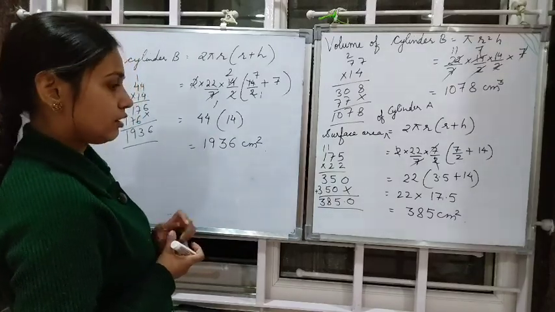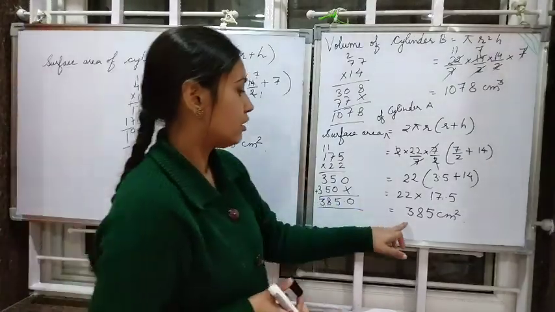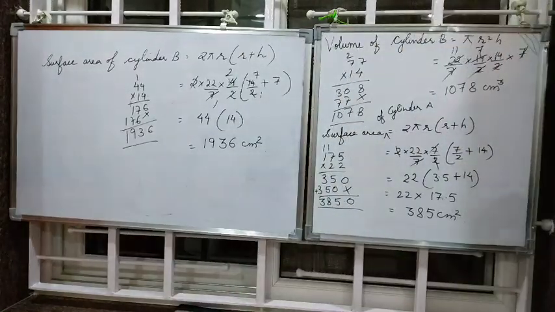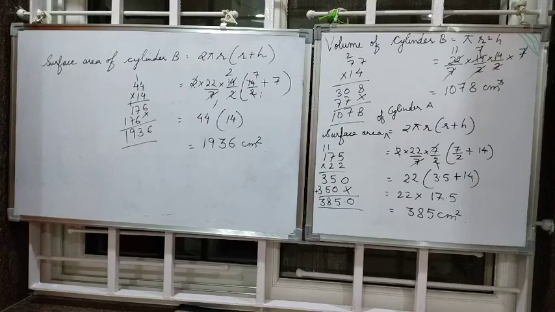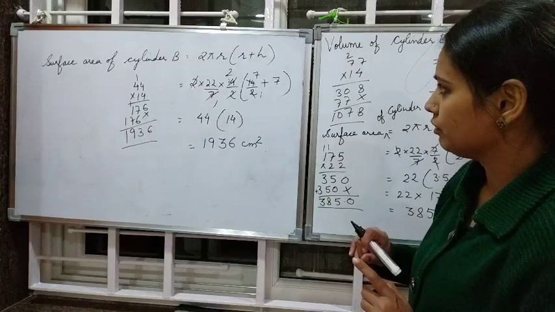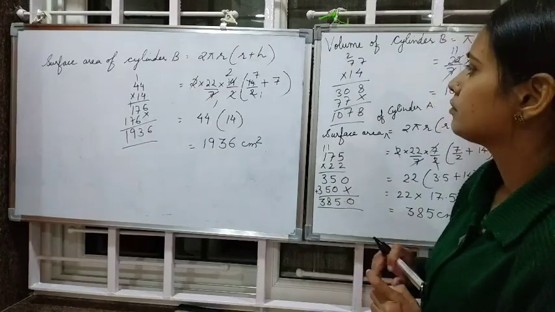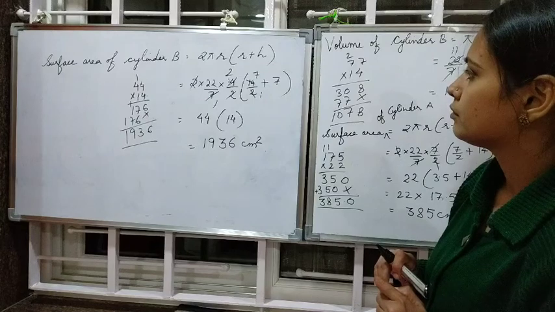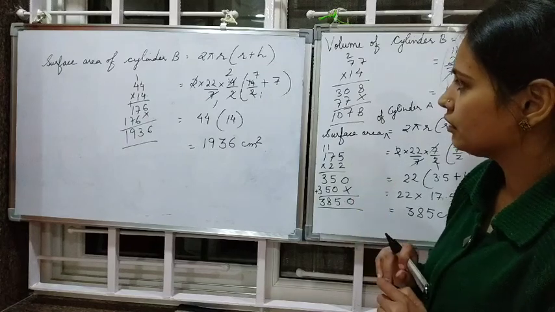So this, when we check the two surface areas, we see that I hope I have not made any mistake here. It's 1 minute, children. 2 and 2 got cancelled.